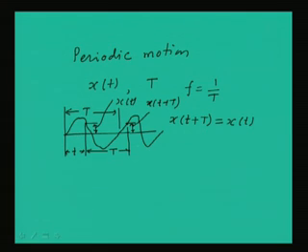Now, once we are calling a periodic signal, the simplest periodic signal is the simple harmonic signal, that is the sine wave and cosine wave. They are the most simple periodic motion, and that is why they are called simple harmonic signals.